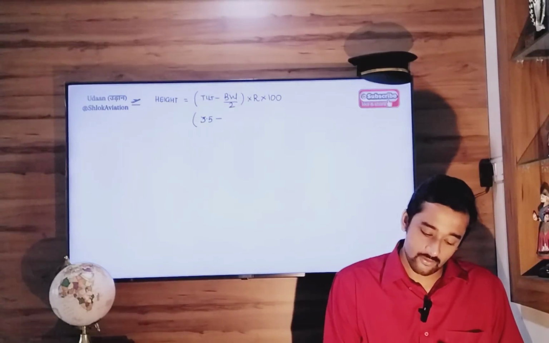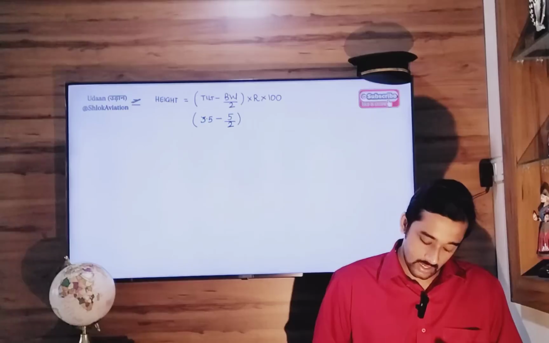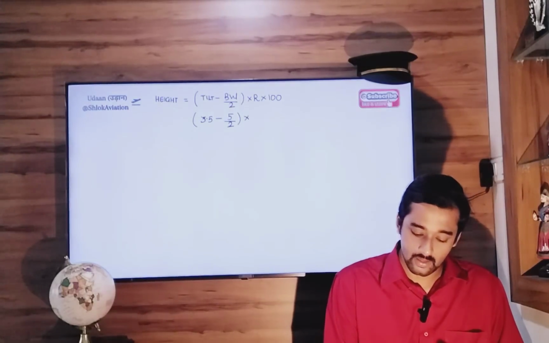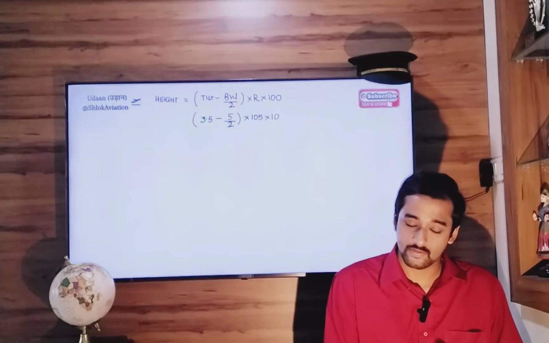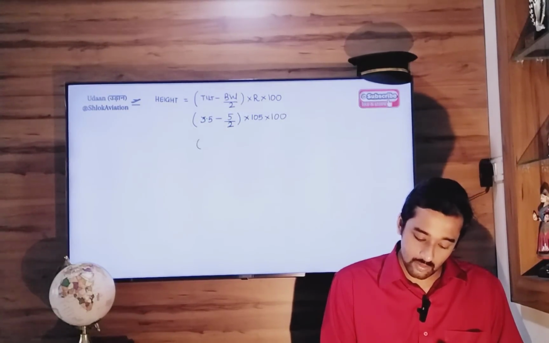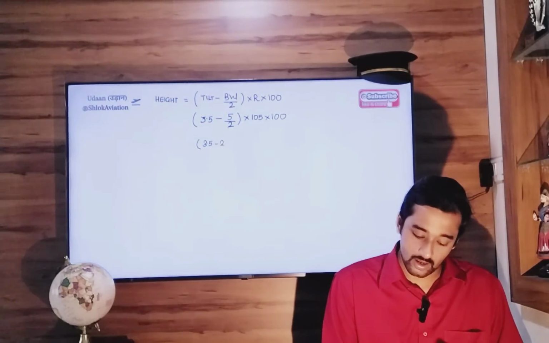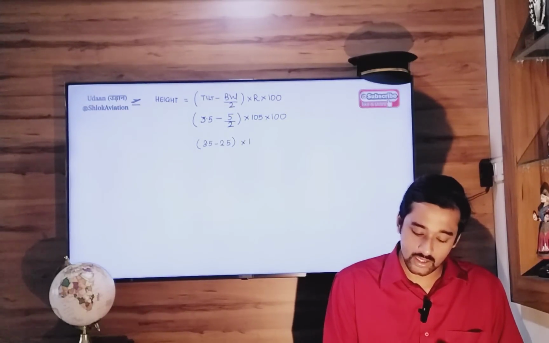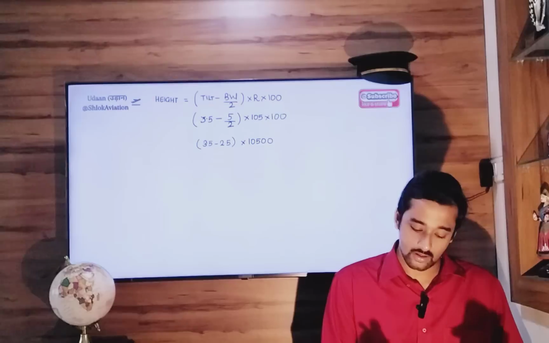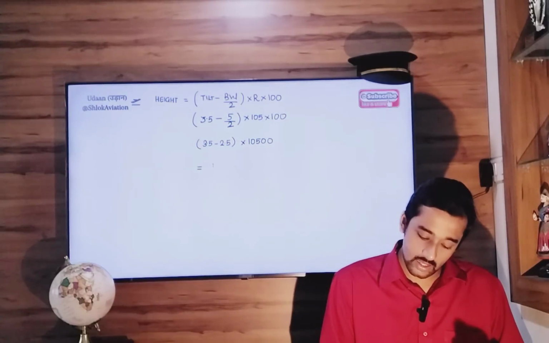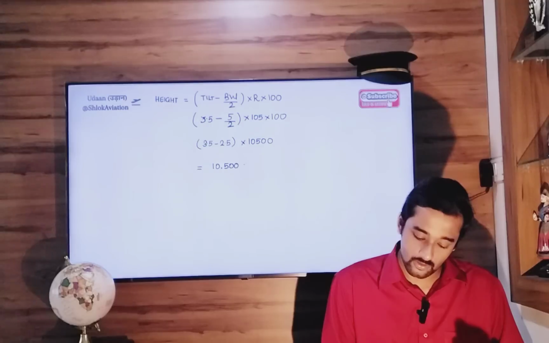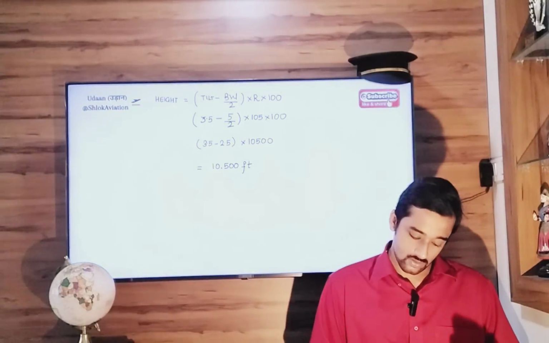Beam width is 5 degrees. Range is 105 into 100. So 3.5 minus 2.5, into 10,500. So that is equal to 10,500 feet.